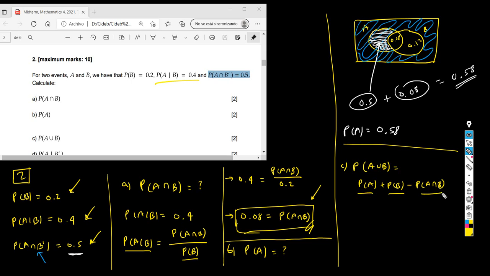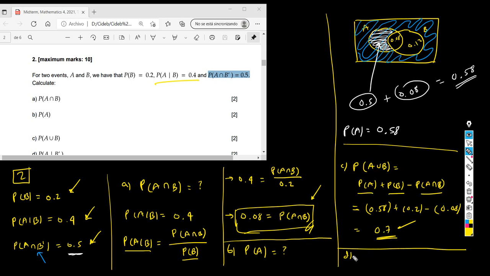And do I have this? Yes. So it's just a matter of inputting the values. Like so. And the result is 0.7. After you do the arithmetic, this is what you get. And that would be the solution for C.